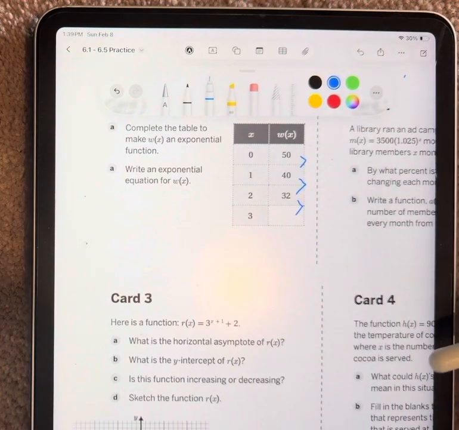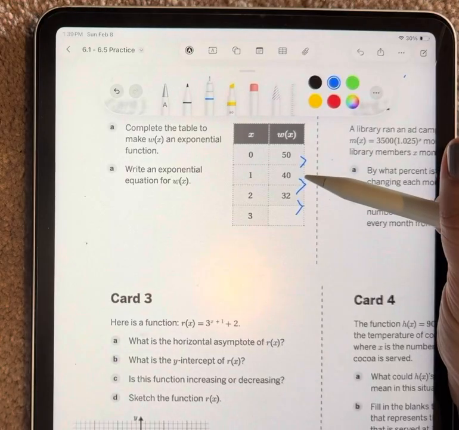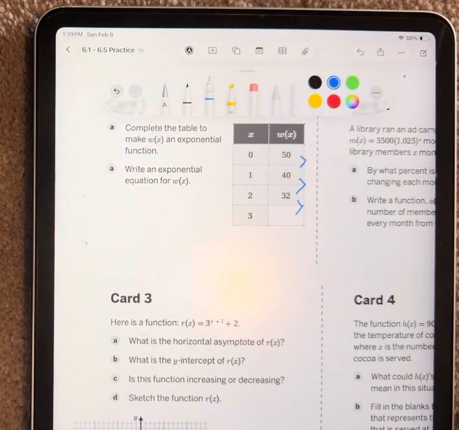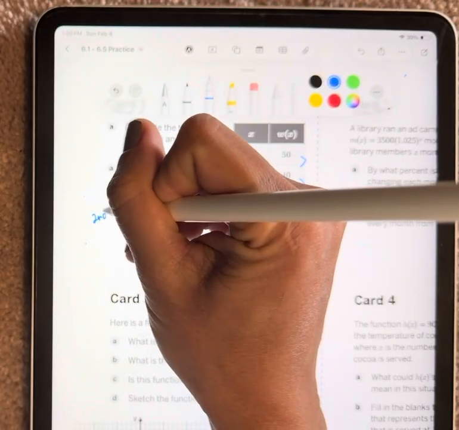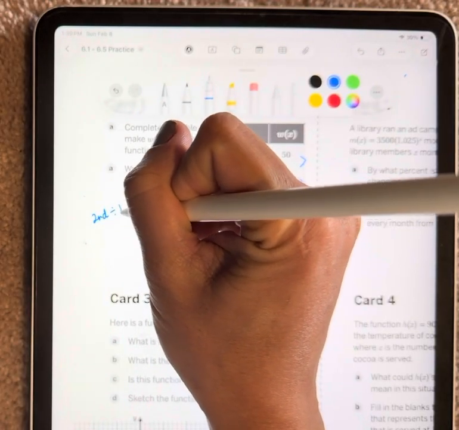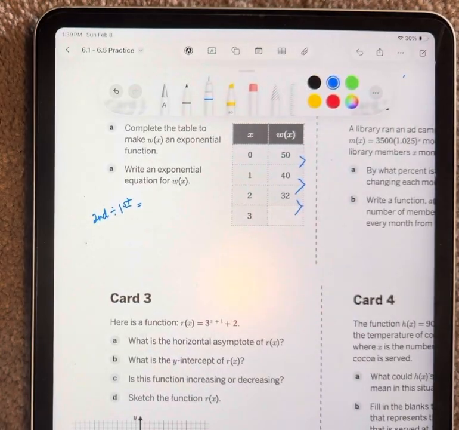Okay, so 50 times something equals 40. So the way we find out times what is we take the second number and we divide it by the first number and we get the thing that we multiply each time.